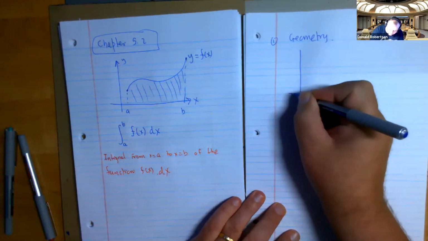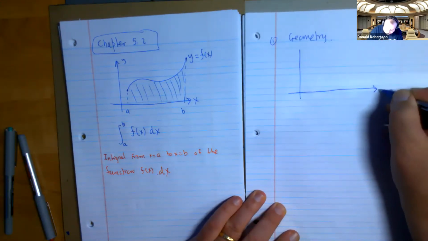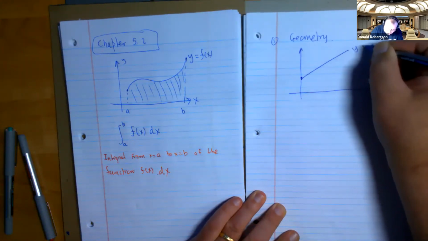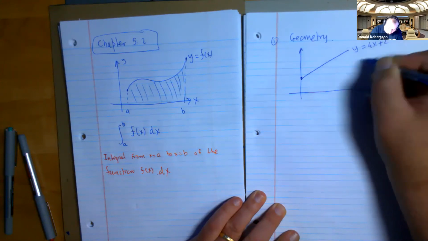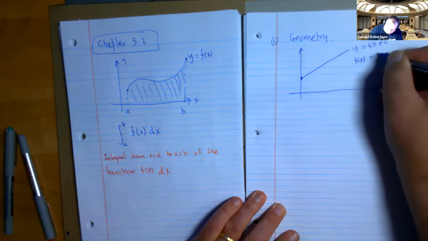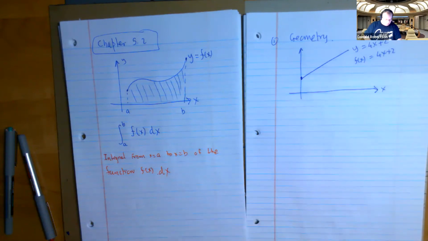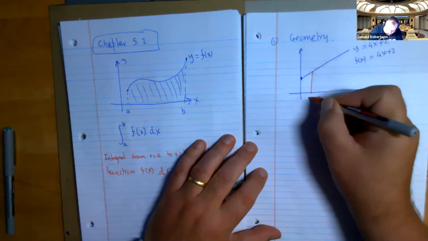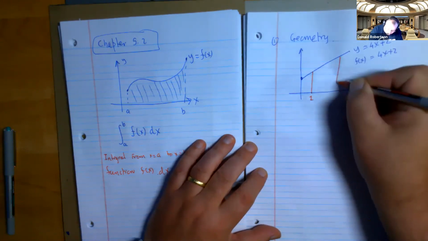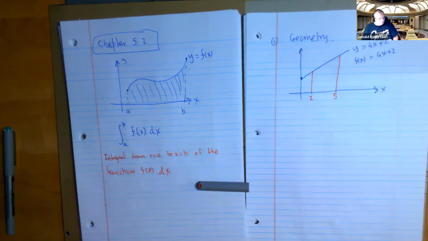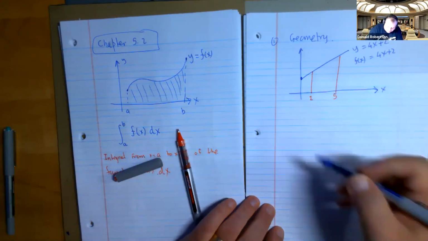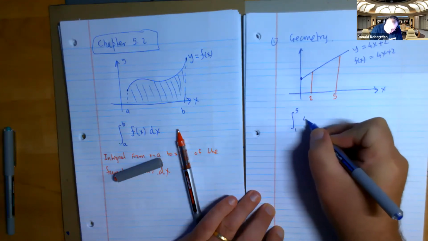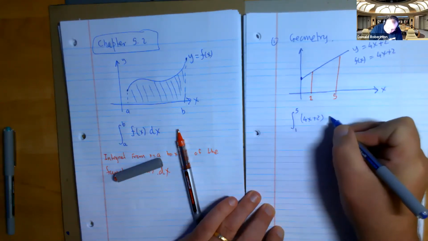Suppose you have a straight line and you want to get the area under the curve from 1 to 5. Now, in the notation that we are now introducing, you would say the integral from 1 to 5 of 4x plus 2 dx.